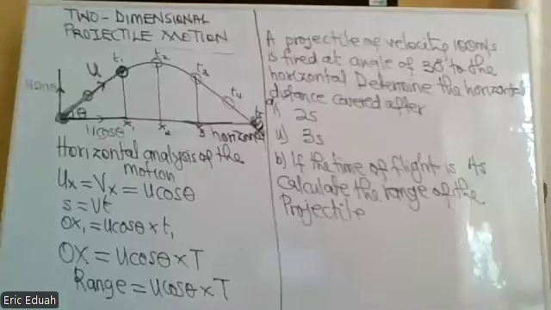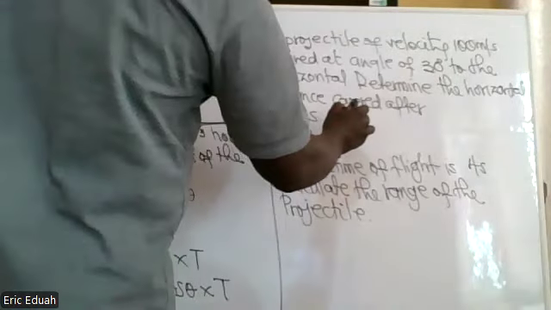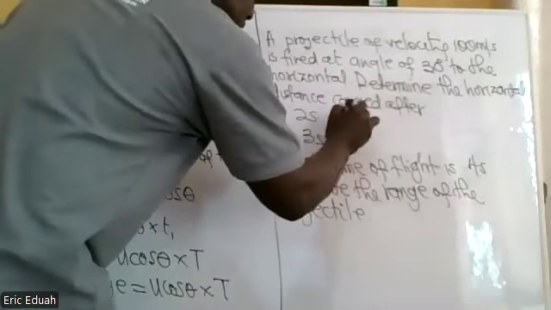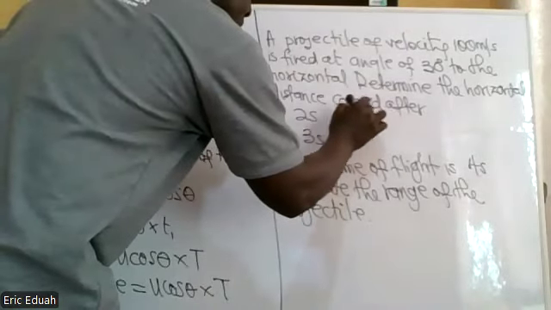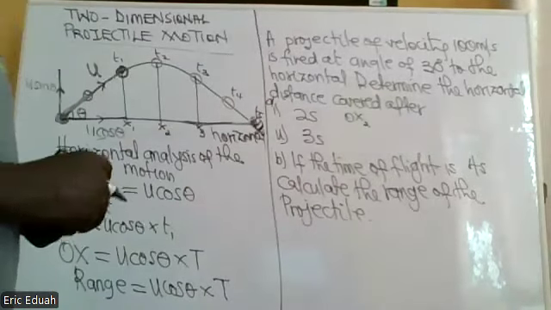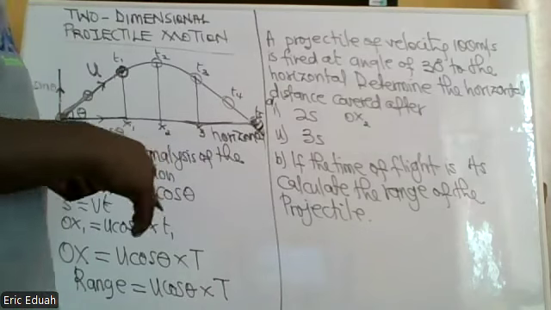I think we must finish by now. Yes. What did you make for the horizontal distance after 2 seconds? I'm making it OX2 because it is at time 2 seconds.